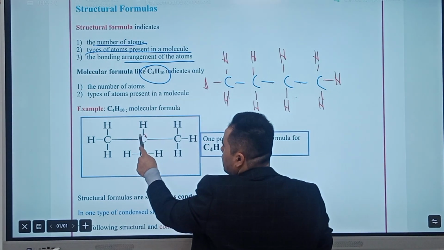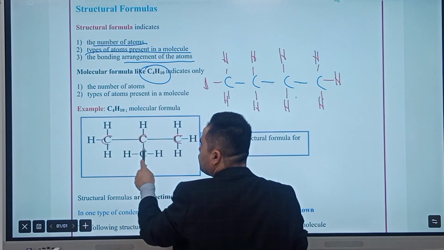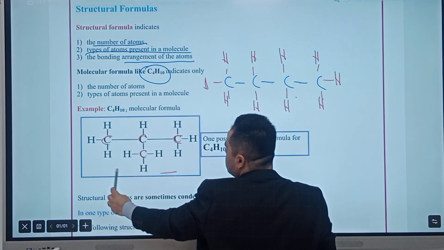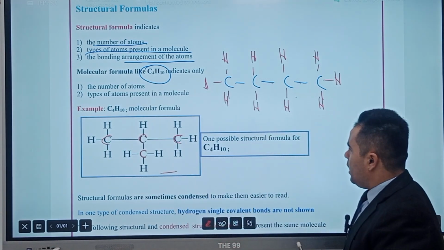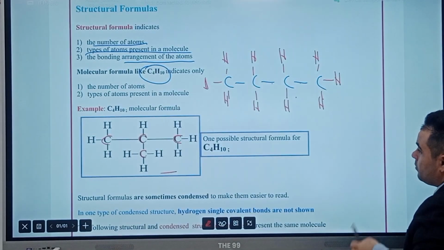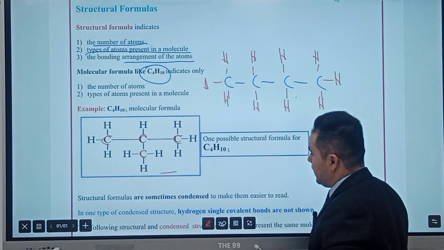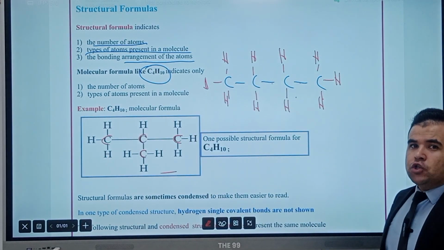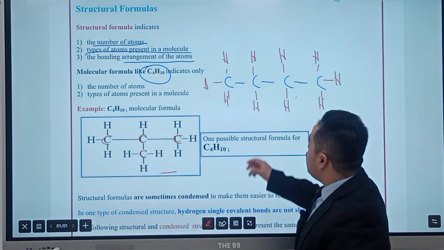Another structure, here we have 3 carbons with the other carbon, so each carbon is bonded with 4 covalent bonds, guys. These are two different structural formulas.